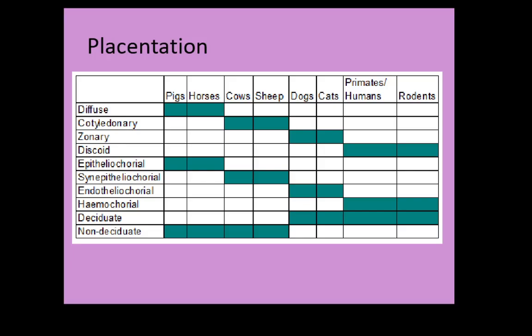And then hemochorial in primates, humans, and rodents. For deciduate, animals which have this include dogs, cats, primates, humans, as well as rodents. And then for non-deciduate, we have pigs, horses, cows, and sheep.